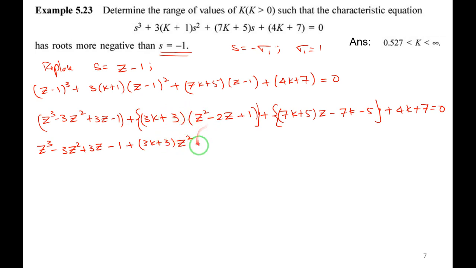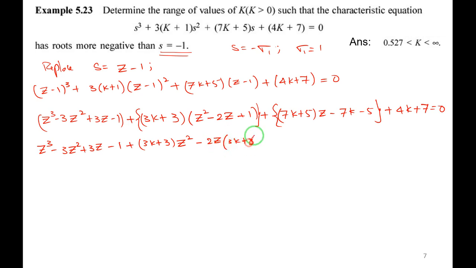I am multiplying this minus 2z. The z terms I have to take to one side. Or else let me expand it.